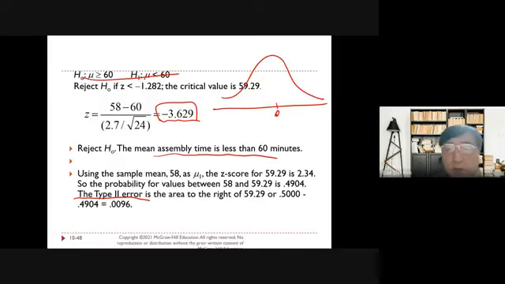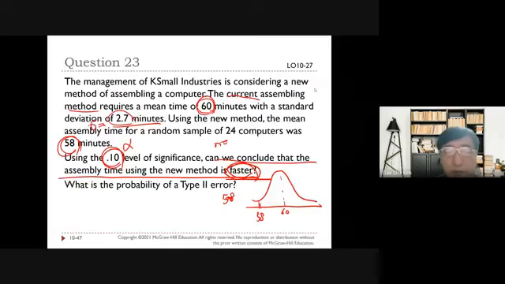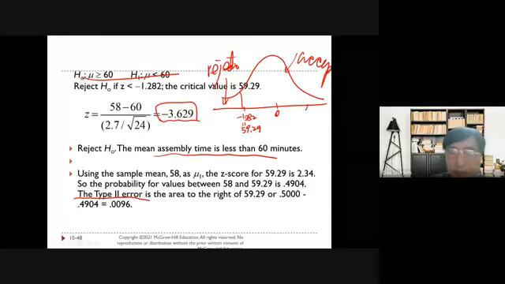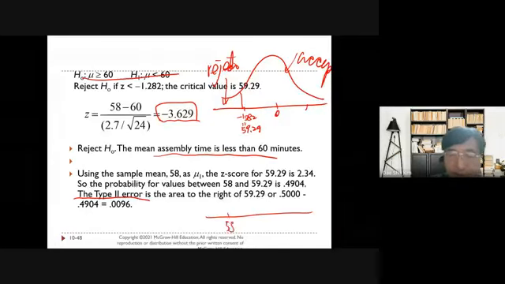Mu is 60 and the z-value is minus 1.282, then the corresponding x value is 59.29. This is the rejection region, and this is the acceptance region. Read this problem carefully: n is 24, average 58. So actually 58 is here, distributed like this.